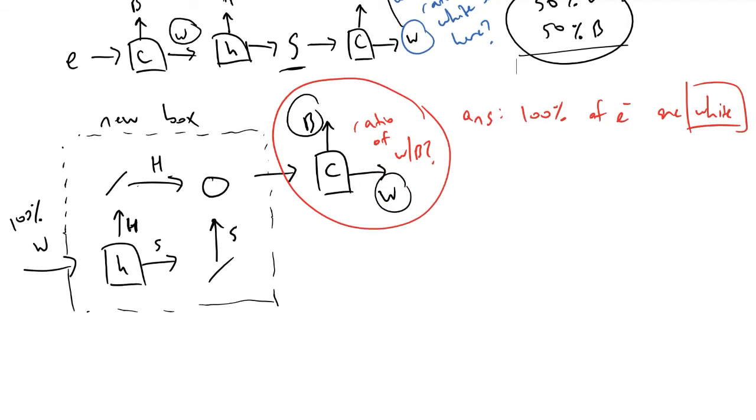And the reason is that inside of this new box we were taking both outputs of the hardness checking box, the hard and soft streams of these electrons, even if it's one electron at a time, and then merging them together. And then because we allowed the electron inside of our new box to exist in a superposition of both hard and soft, we could then say with certainty that all of the electrons here are white, because we knew that 100% of the electrons entering our new box were white.